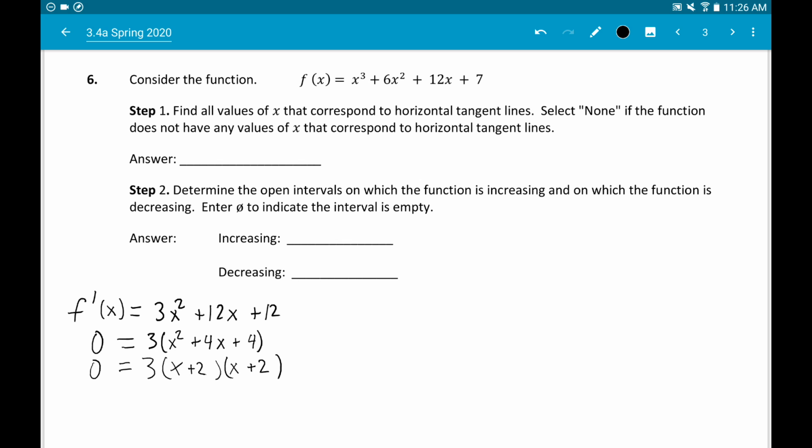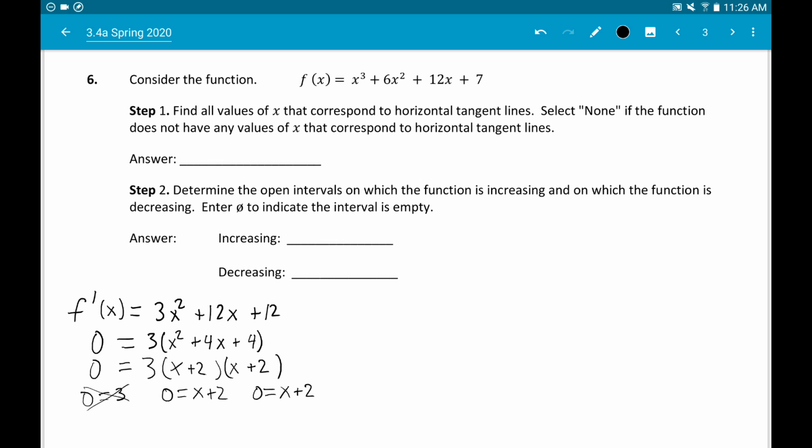Alright, so when we solve this, remember in basic arithmetic, if you have 0 on one side of an equation, you can break it apart. It's called the zero product property. So you have 0 equal 3, 0 equal x plus 2, and 0 equal x plus 2. From 0 equal 3, there's no x value to solve for, so we don't get anything from that.